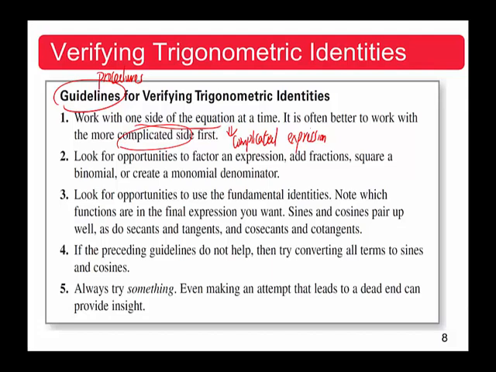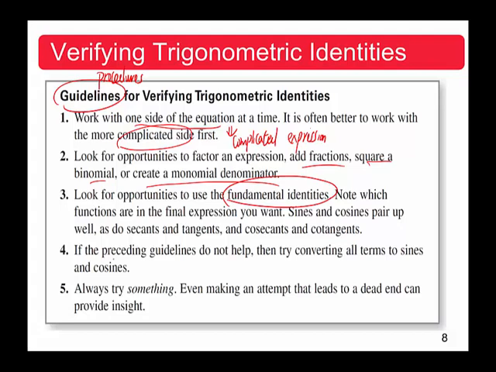And also look for opportunities to factor expressions, add fractions, square binomials, create monomial denominators. And also always try to use the fundamental identities we've been talking about, like reciprocal identities, cofunction identities, quotient identities, and then Pythagorean identities.